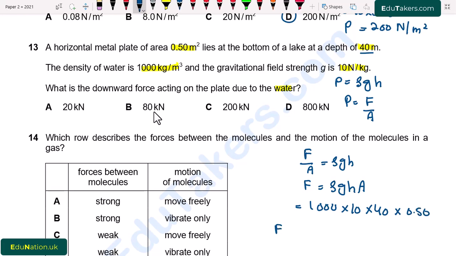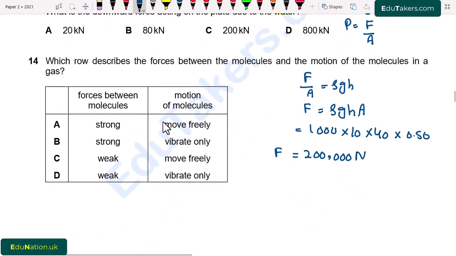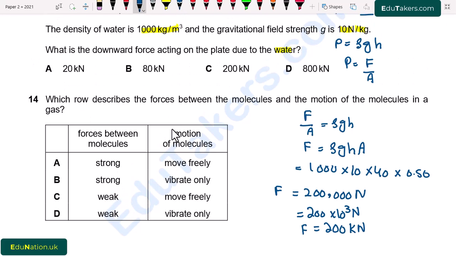So the value of force will be equal to, we can also write it as 200 multiplied by 10 to the power 3 Newton, which is 200 kilonewton. So this is the value of force. We can see here that option C is correct, 200 kilonewton.